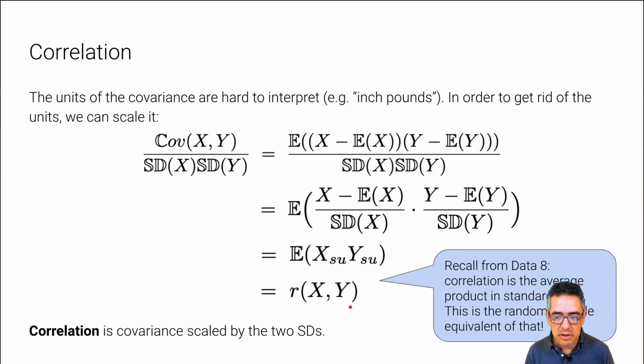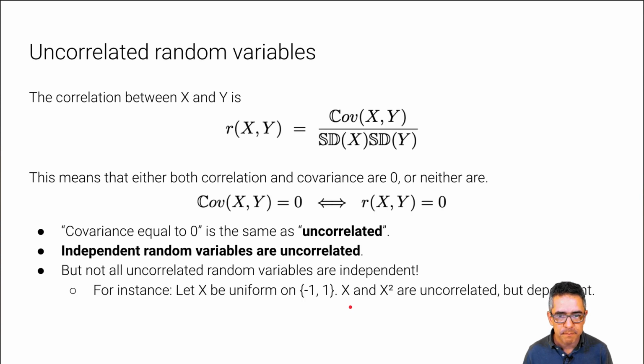We had seen in Data 8 correlation between samples, between two lists of numbers. That is known as the sample correlation. This is now that same definition, generalized from a single list of numbers to the notion of a random variable that has an underlying distribution. But it is basically the same idea that you're already used to from Data 8.